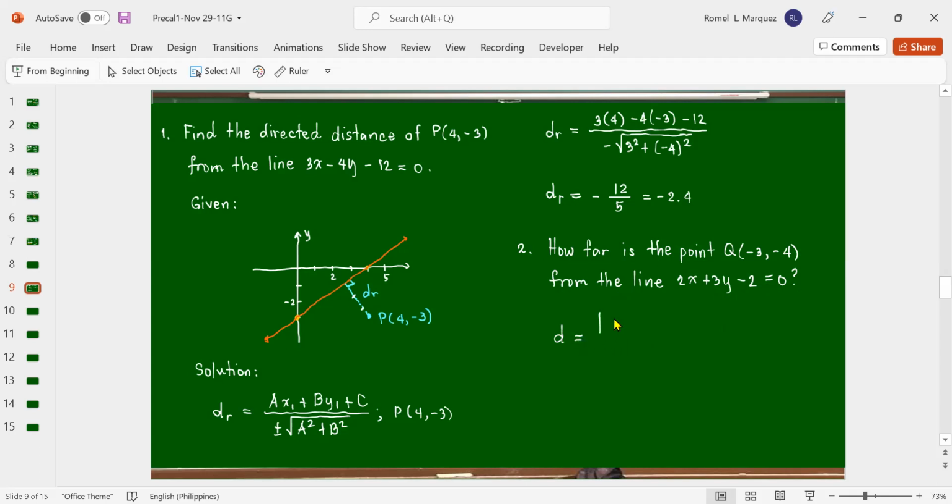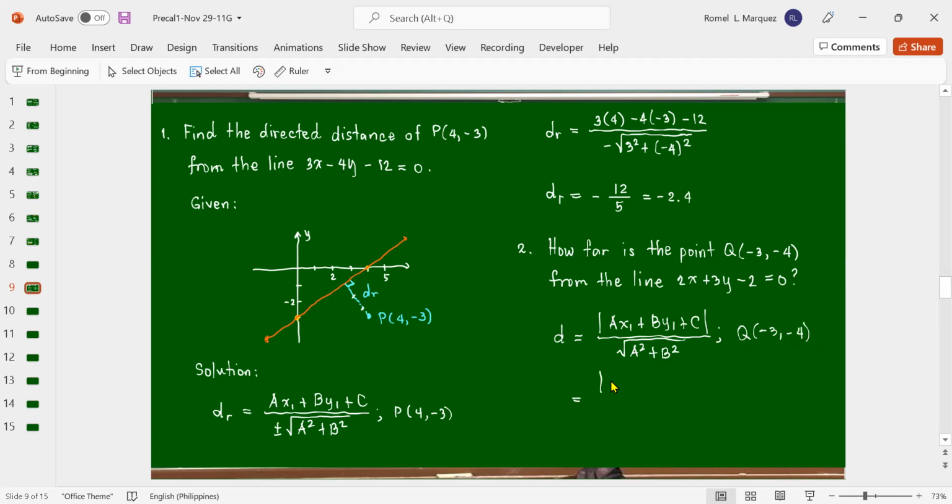Absolute value of A x sub 1 plus B y sub 1 plus C all over the square root of A squared plus B squared, right? And our point is what? Q(-3, -4) as the coordinates.